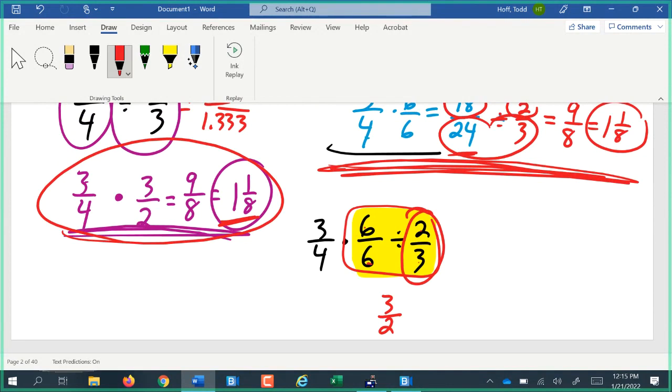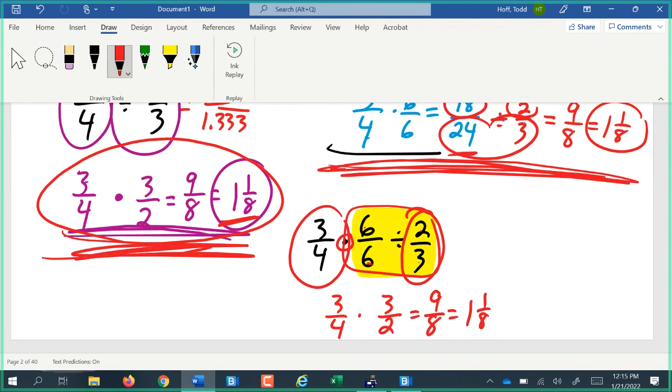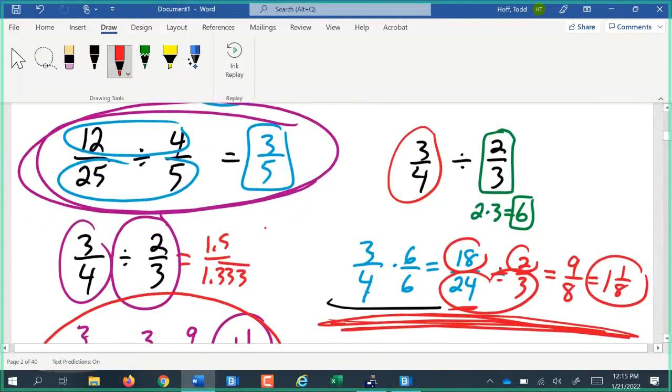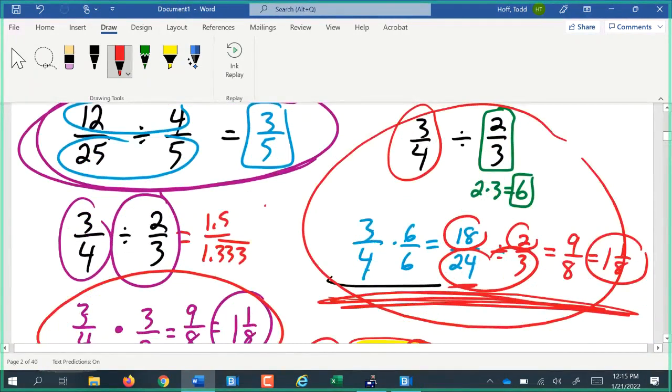And then all that was left was to take the 3/4 times that, giving us, of course, the 9/8, or 1 1/8. So this process here of multiplying by a reciprocal is just this whole process that we saw here, just skipping a whole bunch of steps and jumping right into multiplying by that reciprocal.